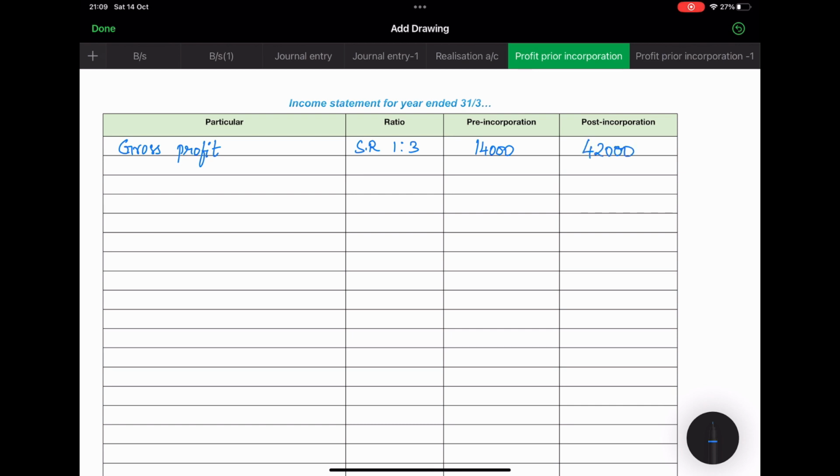So I'll write the total: 14,000 and 42,000 as the above total.